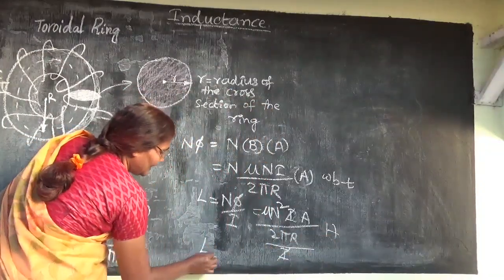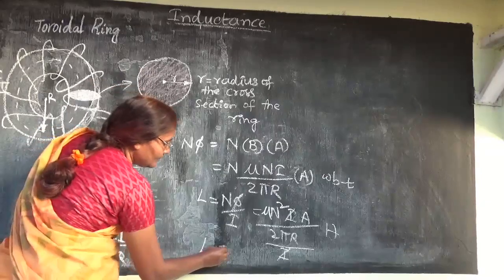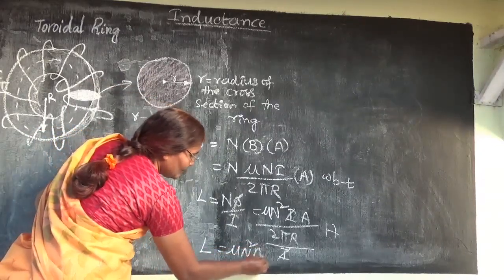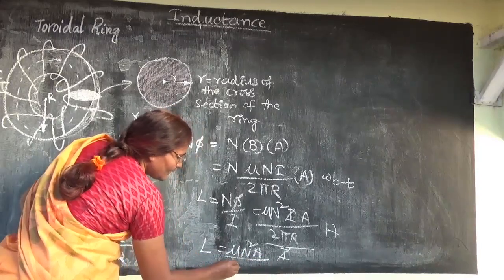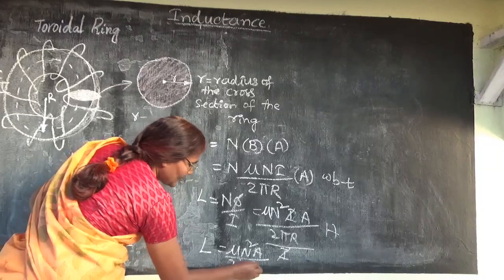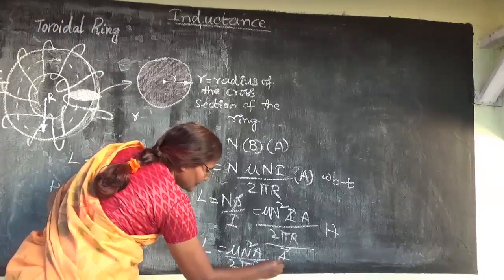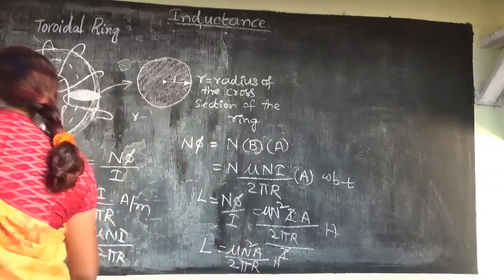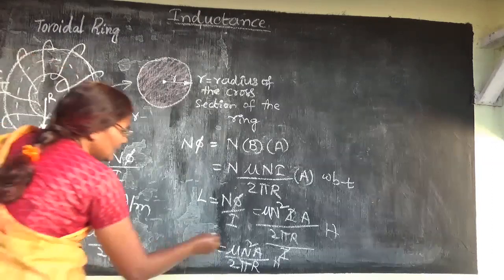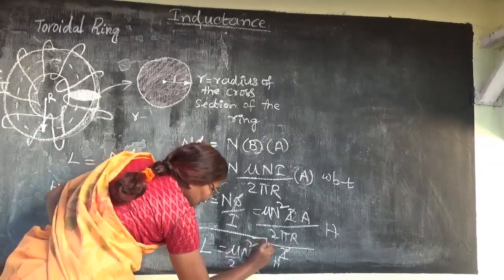So my L of a toroidal ring will be mu N square A by 2 pi r Henries. This is my answer, and this is the formula for toroidal inductance.